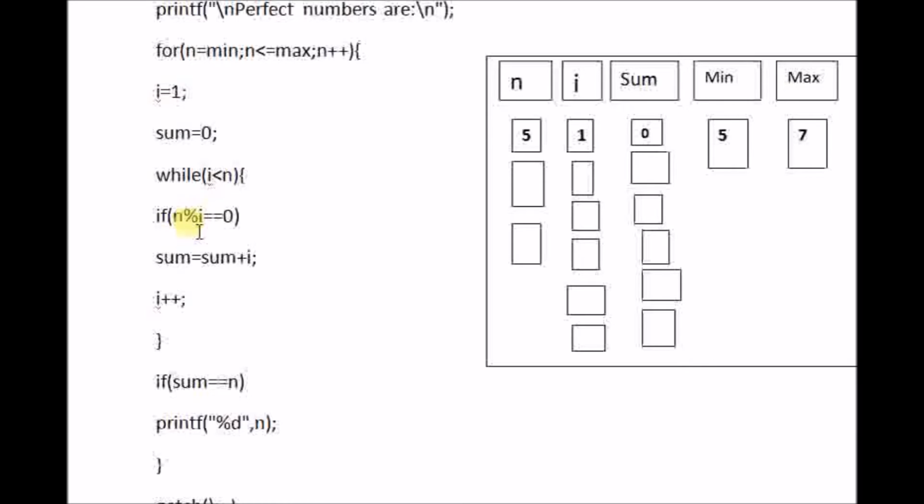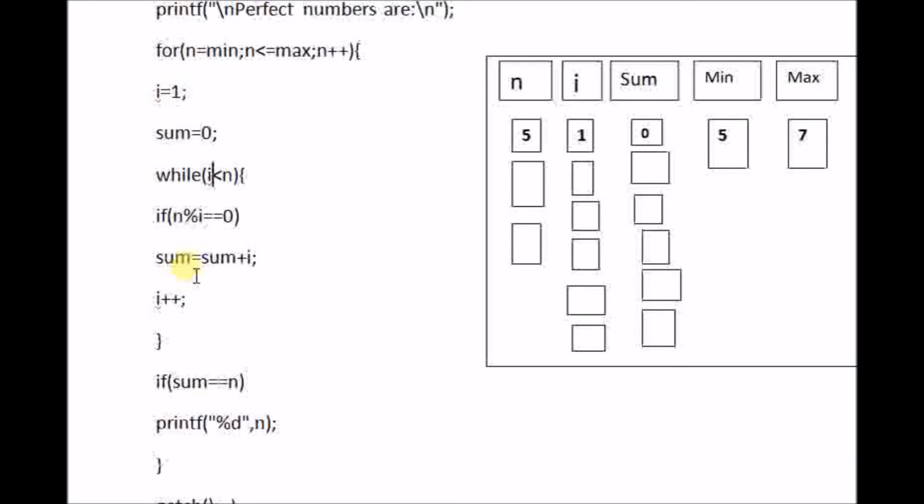The mod sign is used for finding the remainder. If the remainder is equal to 0, then the condition will be true. So the value of n is 5 and value of I is 1. Is the remainder 0? Yes, the condition is true.